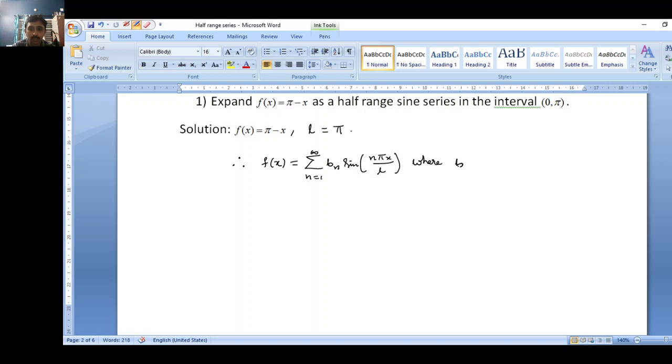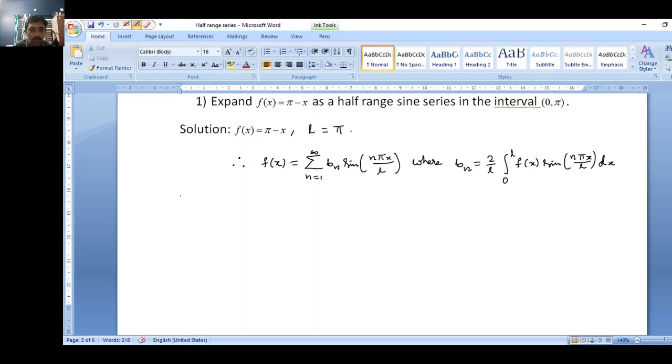So as written earlier, bn is equal to 2 by L integral 0 to L f of x sine n pi x by L dx.